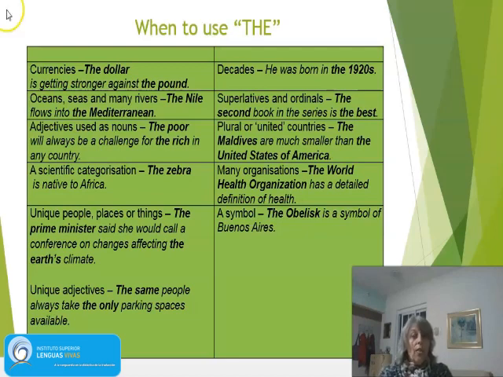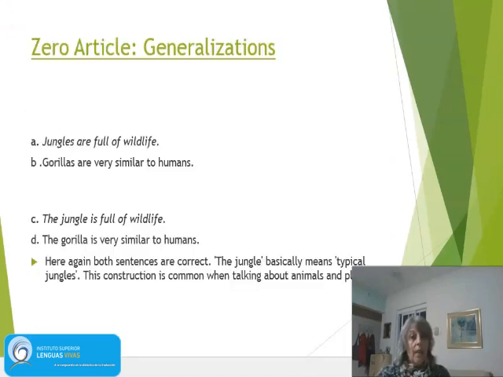to use the correctly. But an important issue for Spanish speakers of English is the use of zero article, because we don't have that in Spanish. The article is omitted, but it is implied.